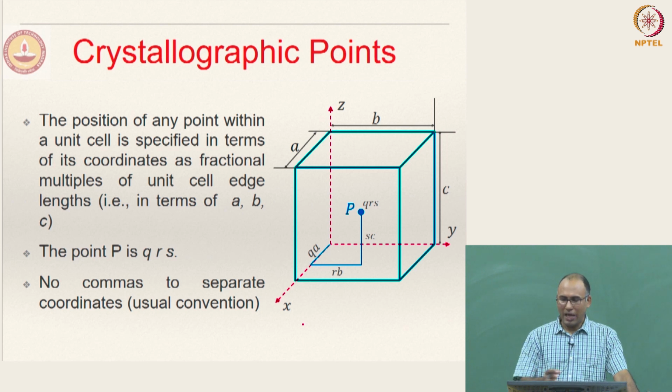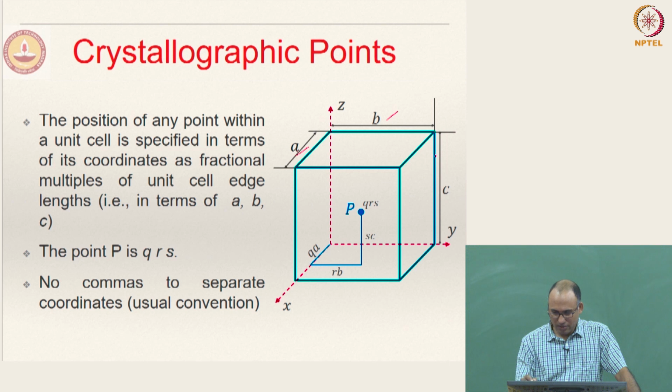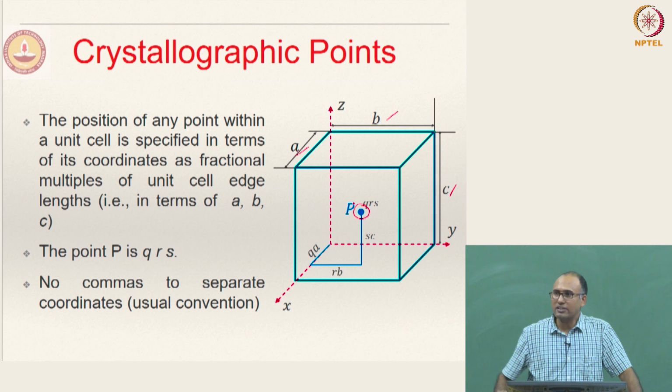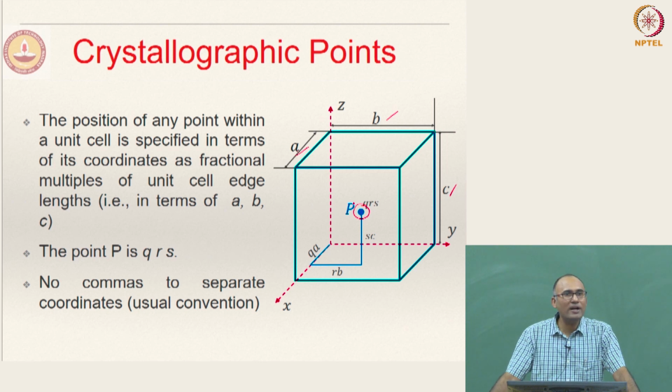Okay. So you have this unit cell with axes A, B and C, and XYZ axis. Let us say this edge length is A, this edge length is B, this edge length is C. Now if you want to describe this point P, you take the position and find out the projections of the point on the coordinate axis, and what is the fraction.